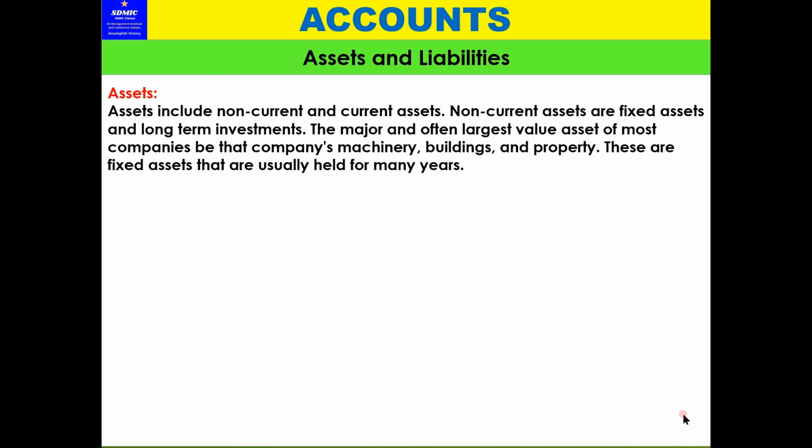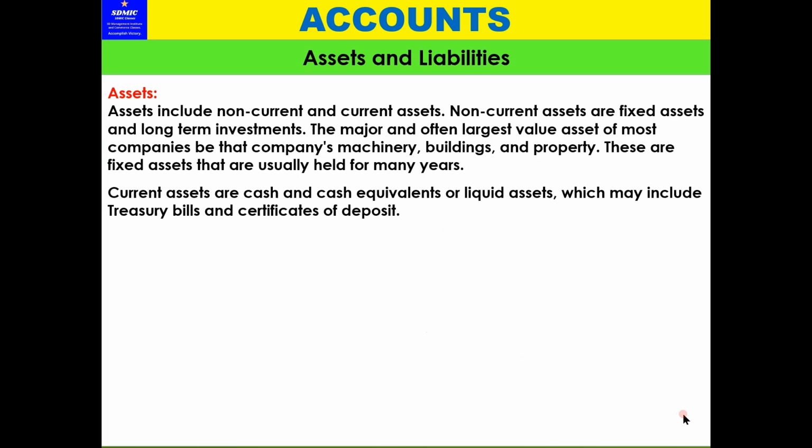Now, assets. Assets include non-current and current assets. Non-current assets are fixed assets and long-term investment. The major and often largest value asset of most companies is the company's machinery, buildings and property, etc. These are fixed assets that are usually held for many years, and the company will get the benefit of that for many years.